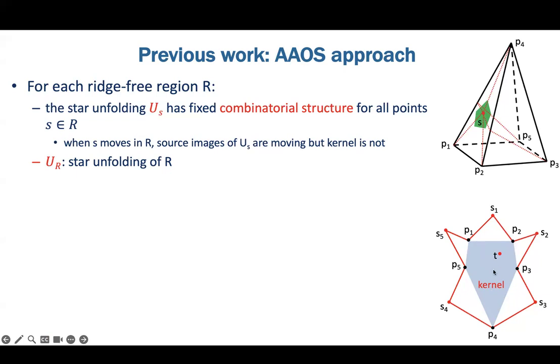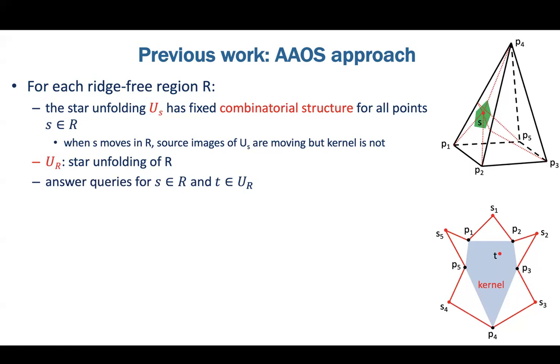The white triangles will be moving, but their cyclic order, S1, S2, S3, S4, S5, is fixed. Therefore we say that the combinatorial structure is fixed. For that region, we could use U_R to denote the star unfolding.